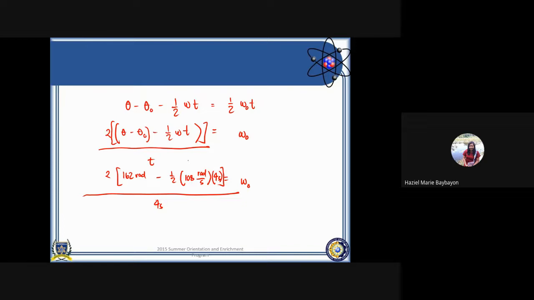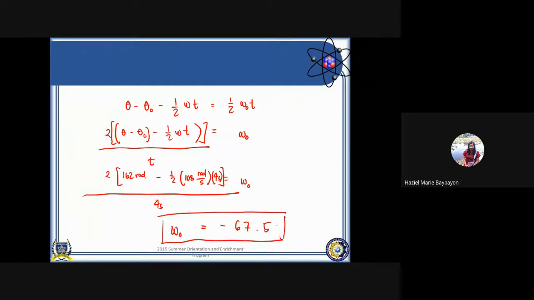Omega naught is equal to negative 67.5 radians per second.